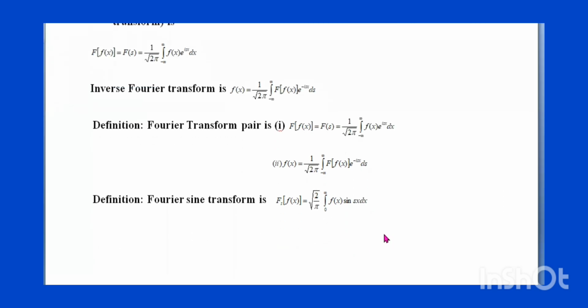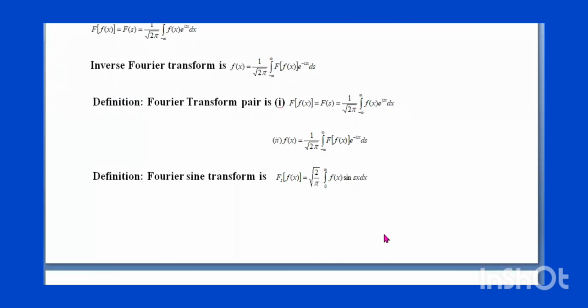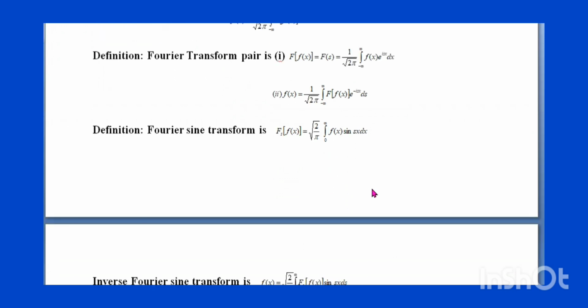Next, let us see the definition of the Fourier sine transform. Fs of f of x. This s stands for sine transform. If you write c, that is the cosine transform. So Fs of f of x is equal to root of 2 divided by pi, integral over the limit 0 to infinity, f of x sine sx dx.